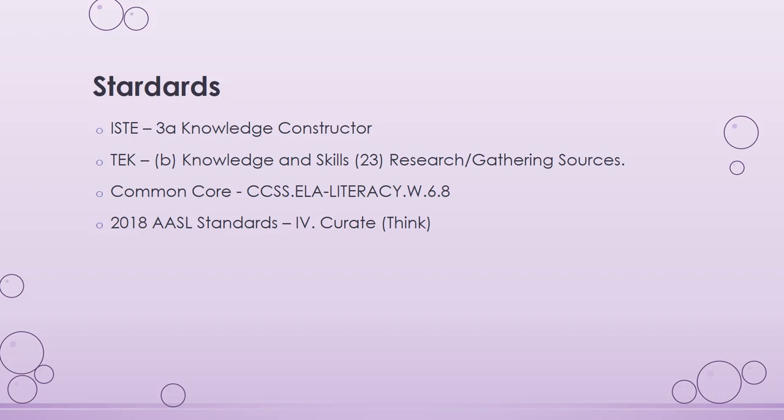You're going to determine, locate, and explore a full range of relevant sources addressing a research question and systematically record the information you gather. The Common Core skill standard: you're going to gather relevant information from multiple print and digital resources. And the AASL standard: you're going to be identifying possible sources of information.